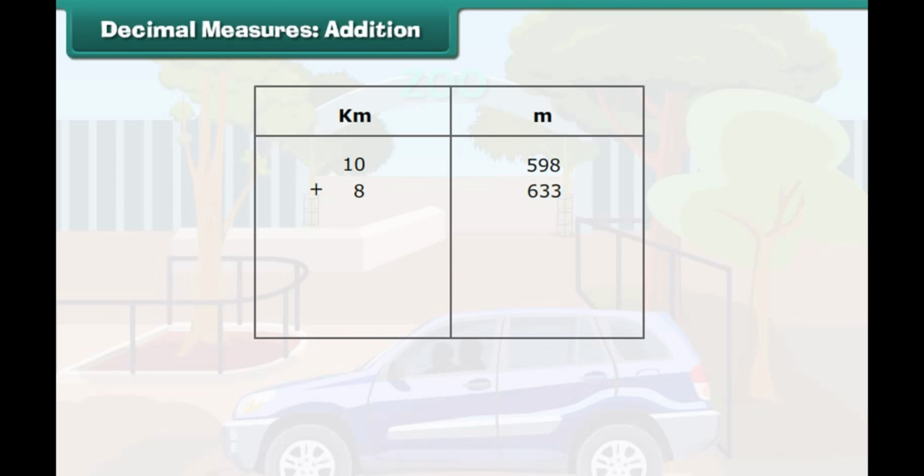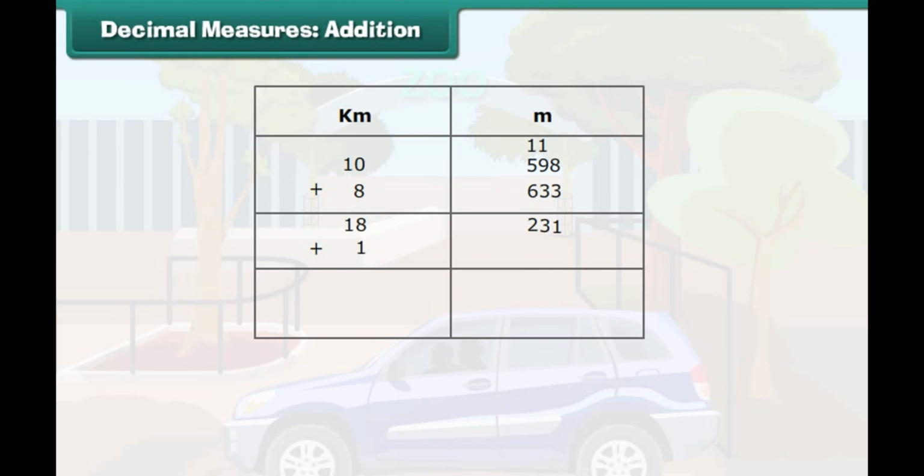Now add. The sum of 598 meters and 633 meters is 1231 meters, which is equal to 1 kilometer and 231 meters. Thus, 1 kilometer is added to 18 kilometers. In total, they have covered a distance of 19 kilometers and 231 meters.